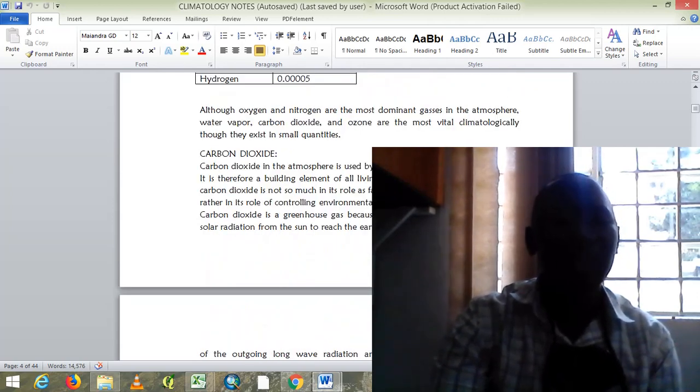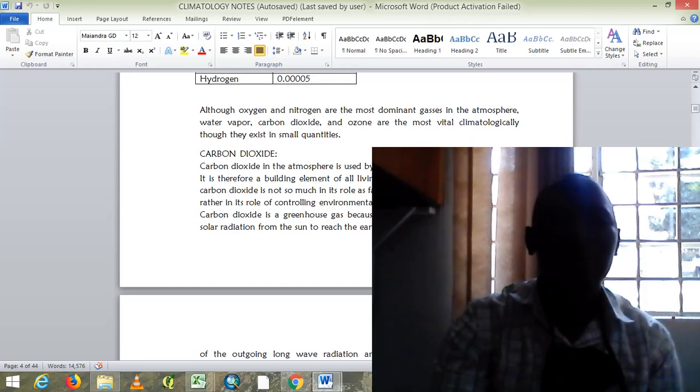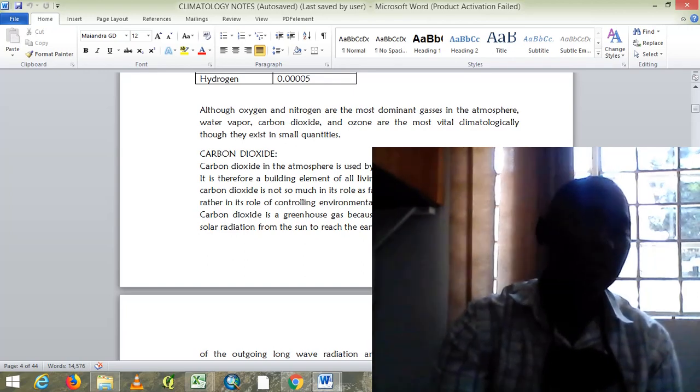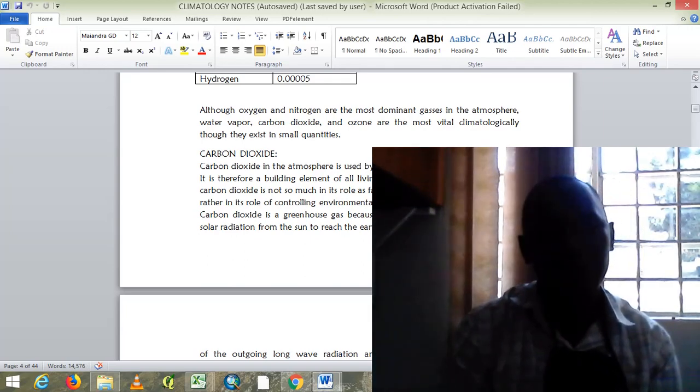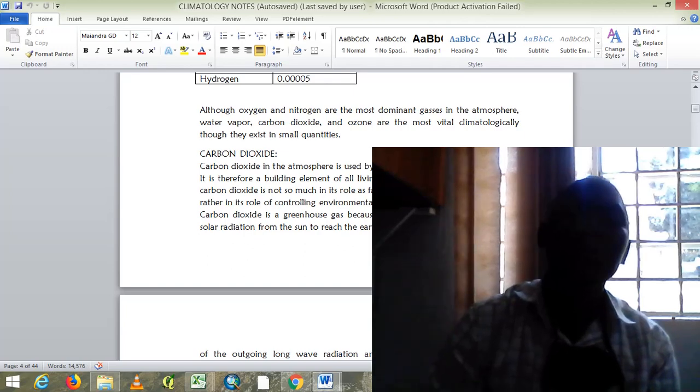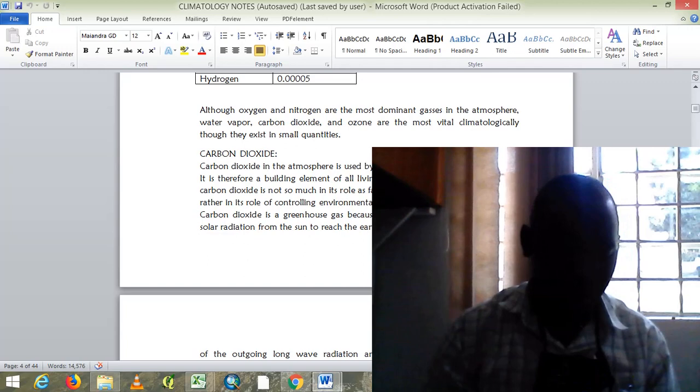So we note here that although oxygen and nitrogen are the most dominant gases in the atmosphere, water vapor, carbon dioxide, and ozone are the most vital climatologically speaking, even when they exist in very small quantities. Carbon dioxide, for example, is used by green plants. How do green plants use carbon dioxide?